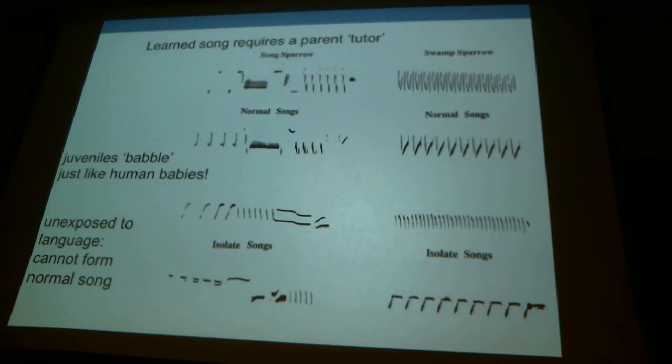If they're not exposed to song, their song ends up being not only not what the parent would have taught them, so it's not innate, it's also very diminished. It's a very poor song. Just like humans who have not been exposed to language, they have very poor production capabilities. Okay.